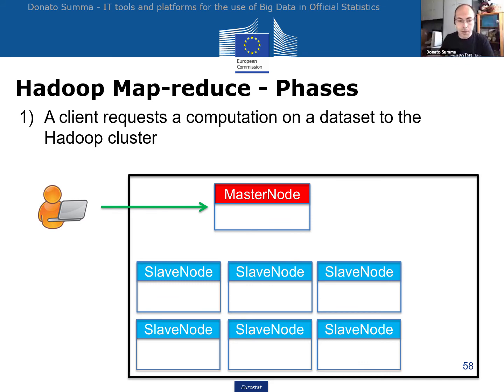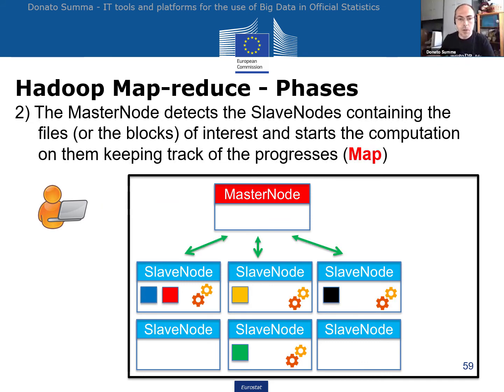The master node detects the slave nodes containing the files or the blocks of interest, let's say the blocks of the datasets we want to operate on, and starts the computation on them, keeping track of the progress.